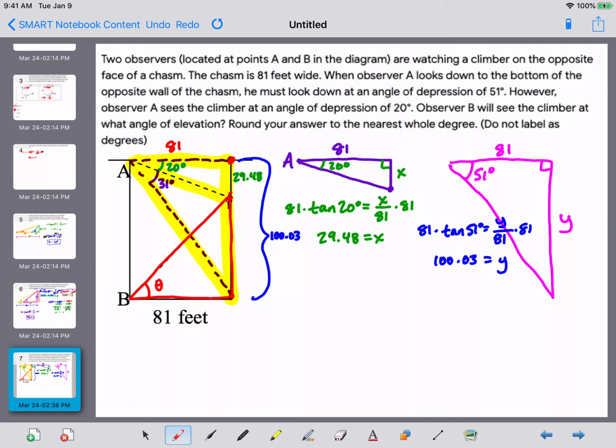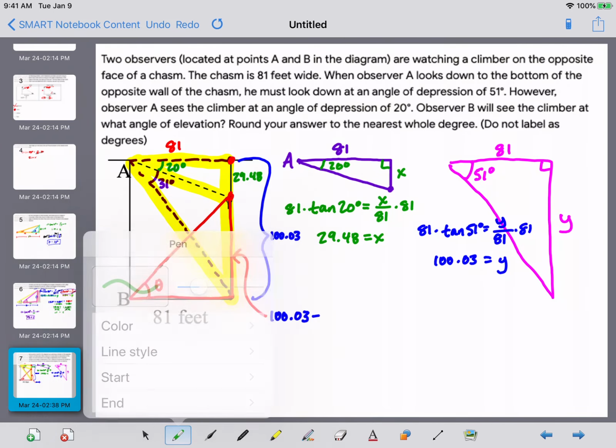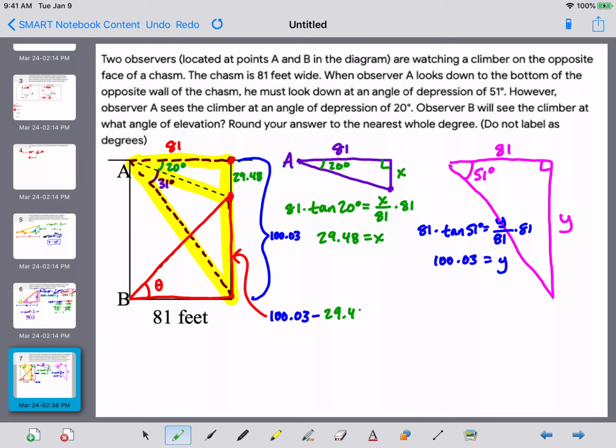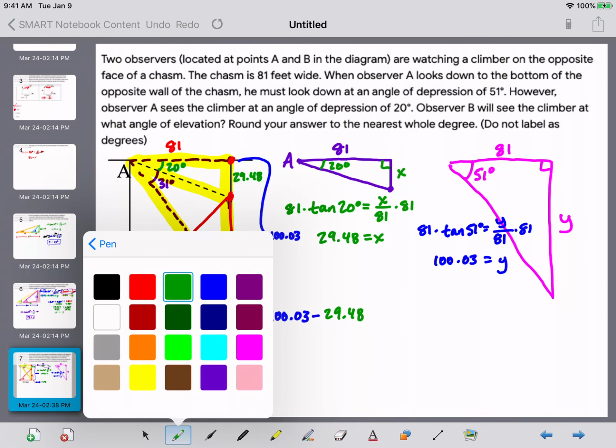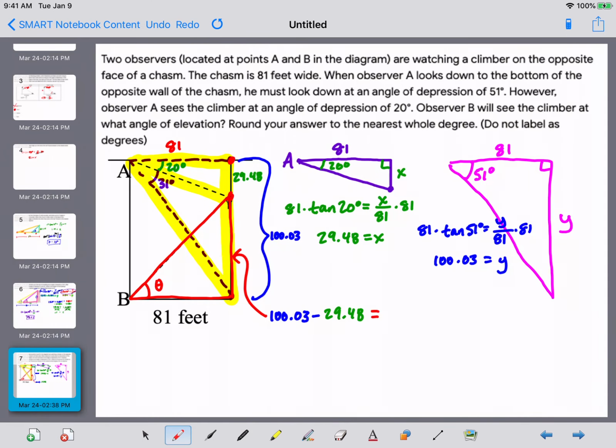From this point to the climber is 29.48. So to find this, I'm going to do 100.03 and subtract the 29.48. And that will give me 70.55.